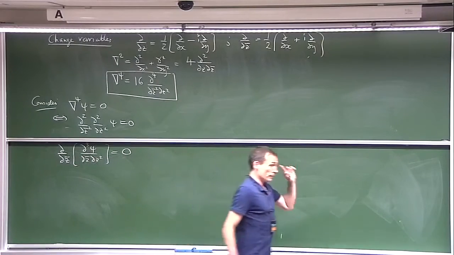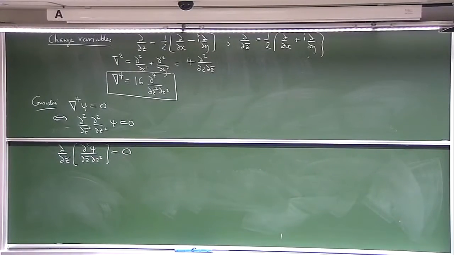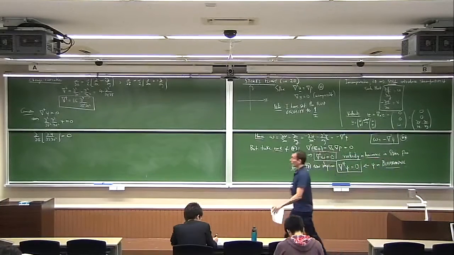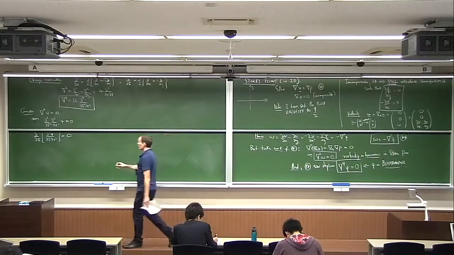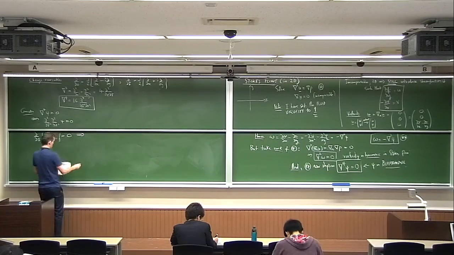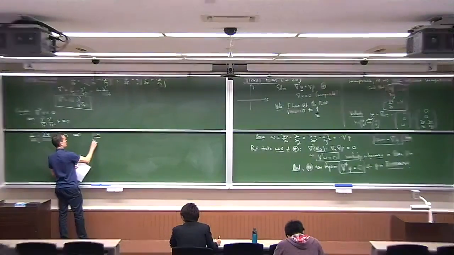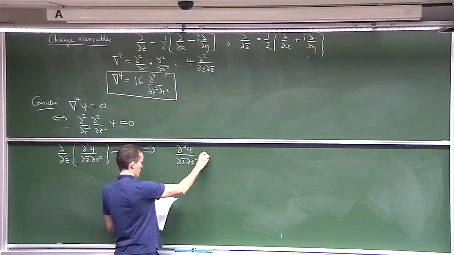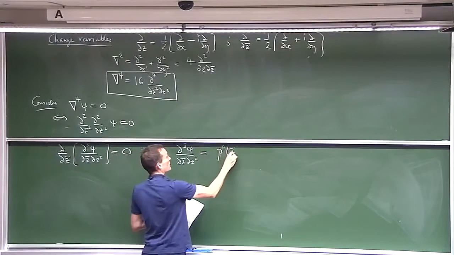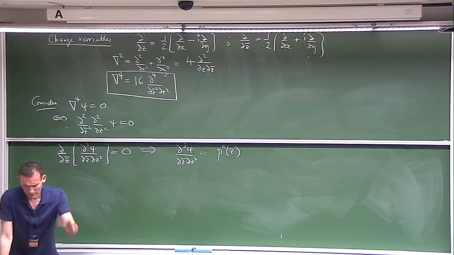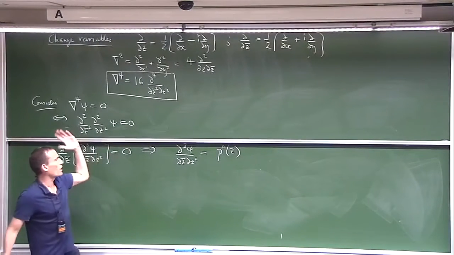So d cubed psi by dz bar dz squared is some arbitrary analytic function. I'm going to call it the second z derivative of some arbitrary function p.